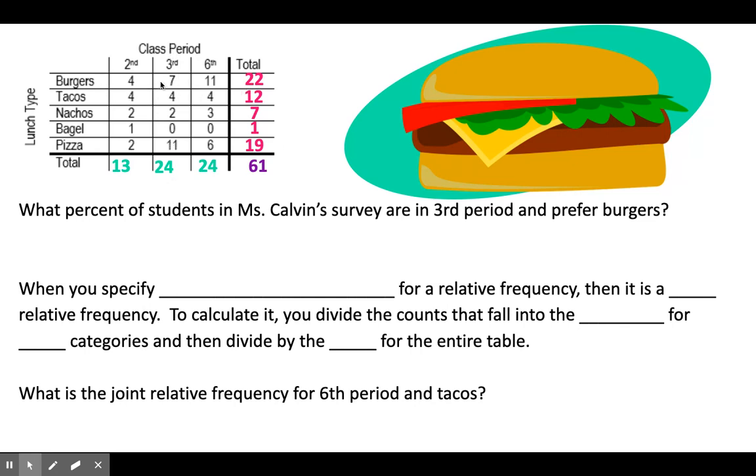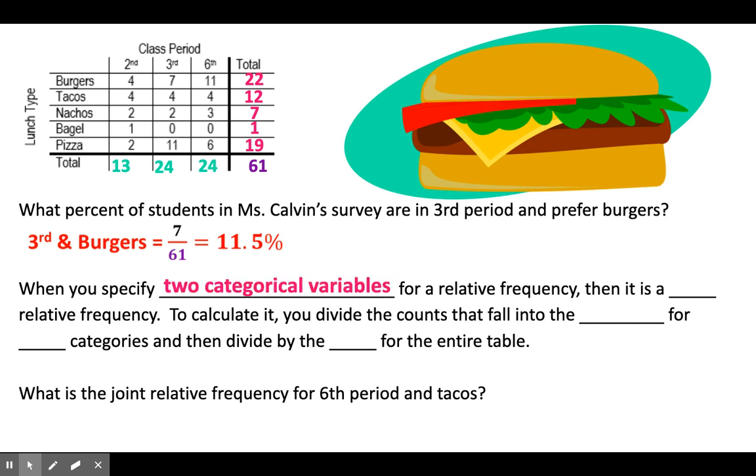If I find that intersection, I see that there are 7 people who prefer burgers and are in third period. So 7 people out of the 61 gives me 0.115 if I use my calculator. And if I multiply that by 100 or move the decimal place over twice, I get 11.5%.